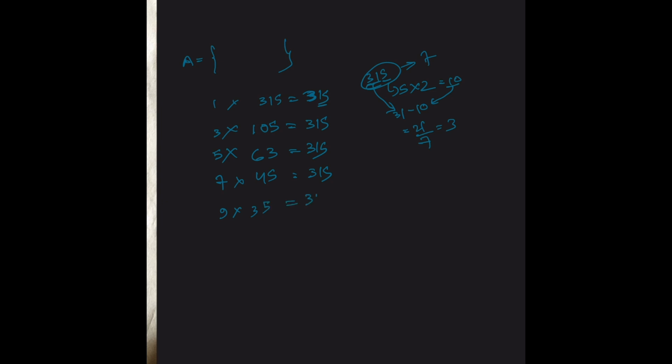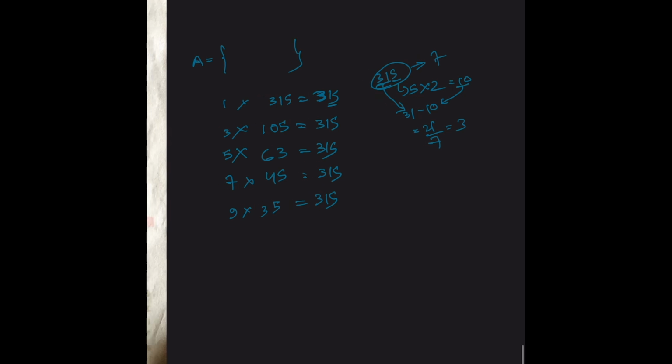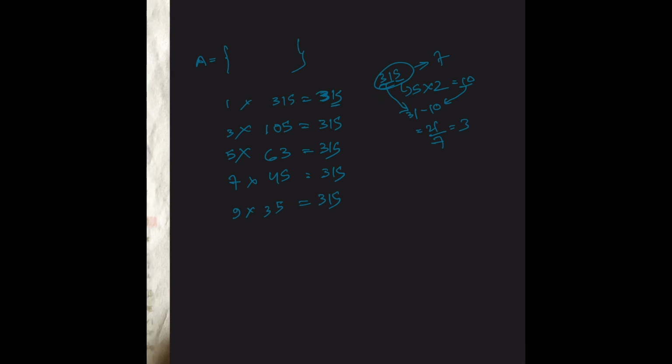So 9 into 35 is 315. It's not divisible by 10, not by 11, definitely not by 12. Is it divisible by 13? No. One way to figure that out is that we take the last digit of 315 and multiply it by 4, and then we add this product to the rest of the number.